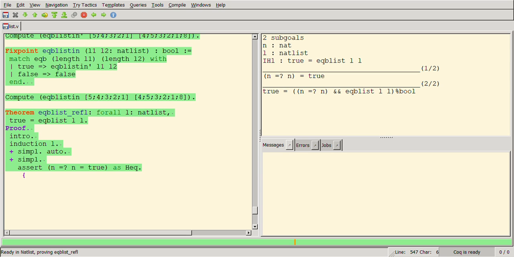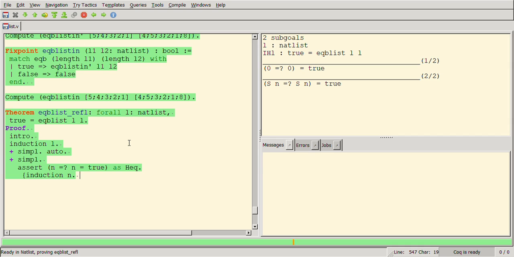Okay, so we can continue with induction on n, and obviously we would get two sub goals. We have just focused on the asserted lemma. This is a proof within the proof, so we can now proceed with induction on n.